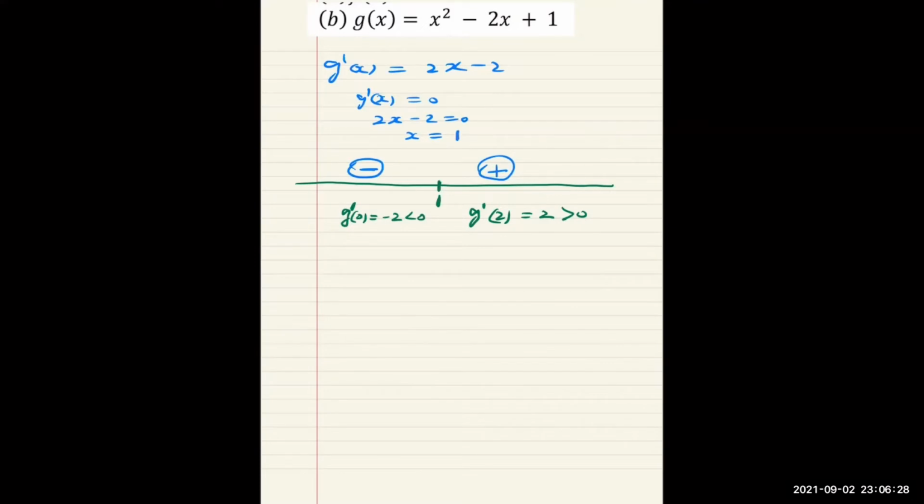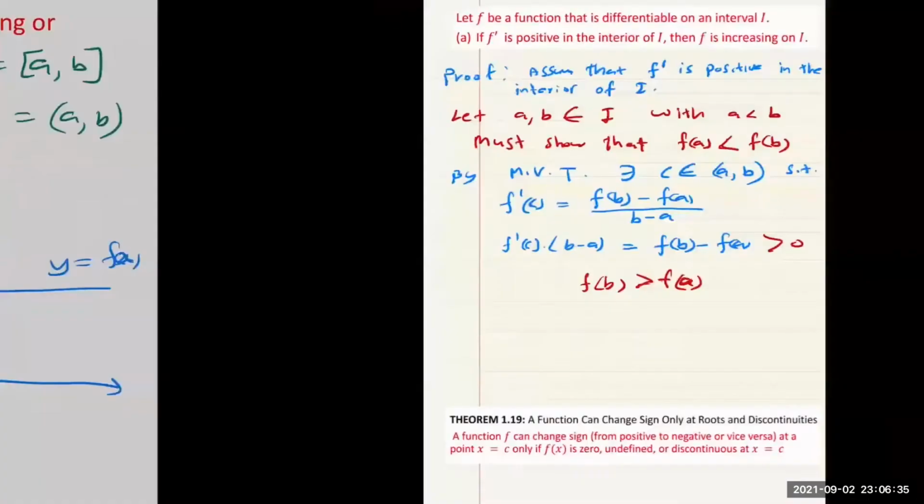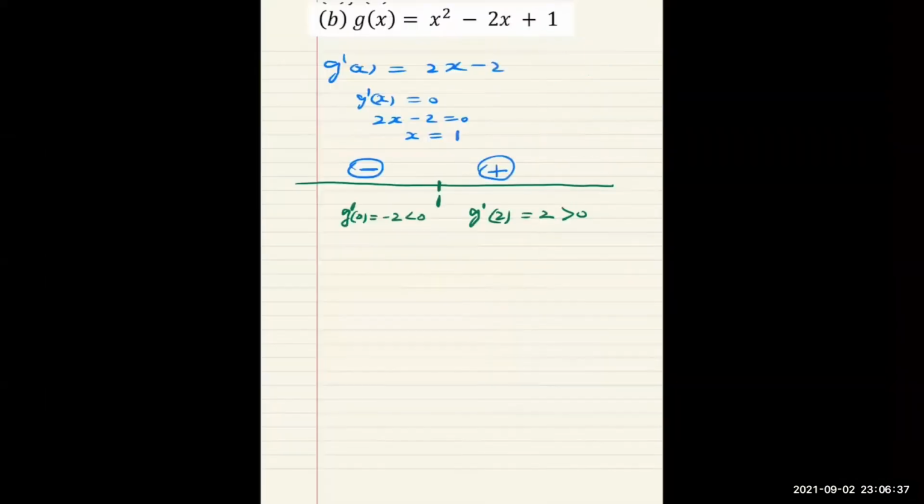All right, now by the previous theorem that we learned, theorem 3.6, g is decreasing on the interval minus infinity, 1. As I said, we use parentheses from here onwards.